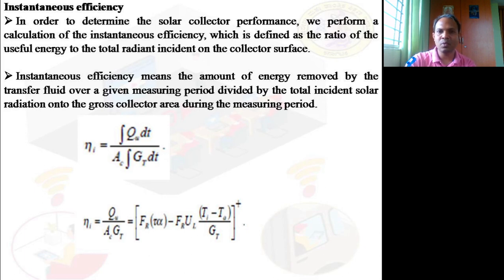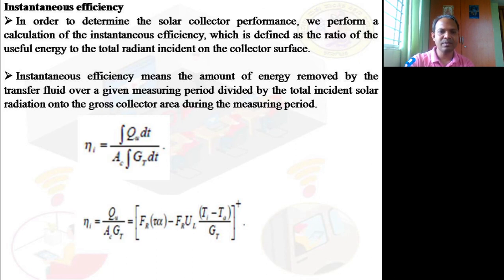It is once again the total amount of energy being taken away. At 0 seconds, what is the heat taken? At 1 minute, what is the amount of heat being carried? At 2 minutes, what is the amount of heat being carried away by the fluid? The sum of this divided by the sum of that gives us the instantaneous efficiency.